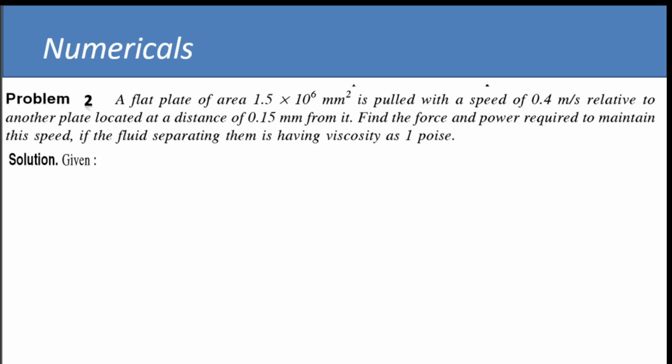So here the numerical is: a flat plate of area 1.5 into 10 raised to the power 6 millimeter square is pulled with a speed of 0.4 meter per second relative to another plate located at a distance of 0.14 millimeter from it.